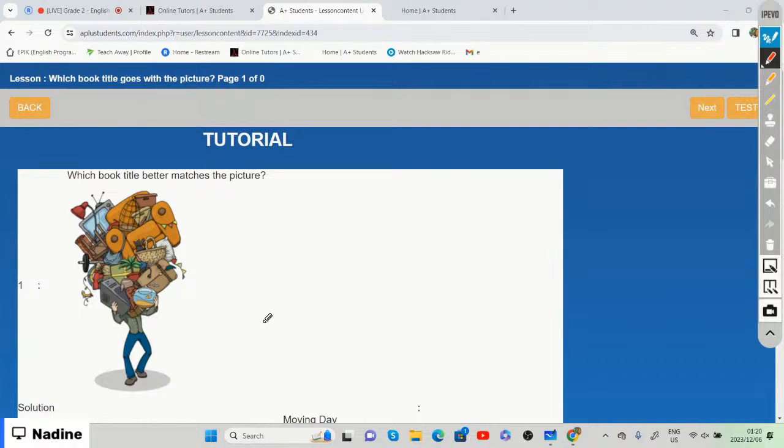It's his moving day. So now we have Moving Day. Based on just looking at the title, we can say that the title of this book is Moving Day.